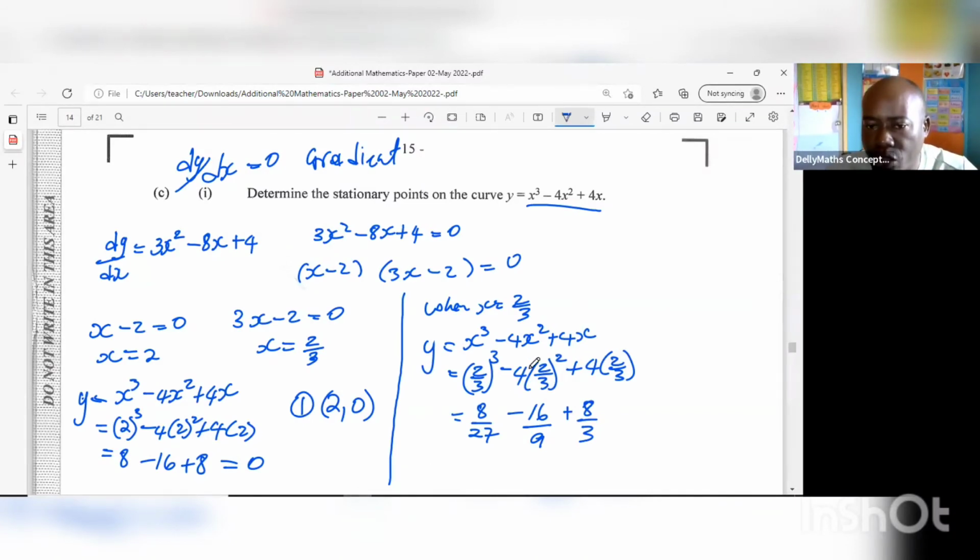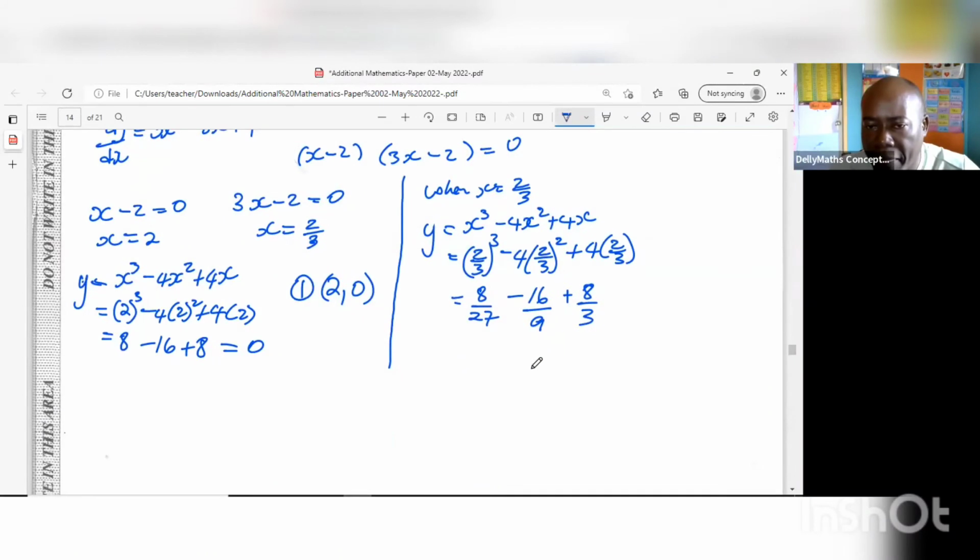And if I want to show all my working, then I could just say, 27 into itself 1 times 8 gives me 8. 9 into 27 goes 3 times, 3 times the negative 16. And then 3 into the 9, 3 into the 27, that's 9, and 9 times 8, that is 72.